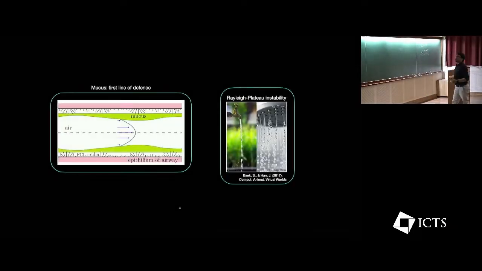So now this mucus film is often subjected to surface tension driven Rayleigh-Plateau instability. In our everyday life, we frequently encounter this Rayleigh-Plateau instability whenever we open a tap. Surface tension does not allow the water to flow in a uniform column, rather it creates some undulations.